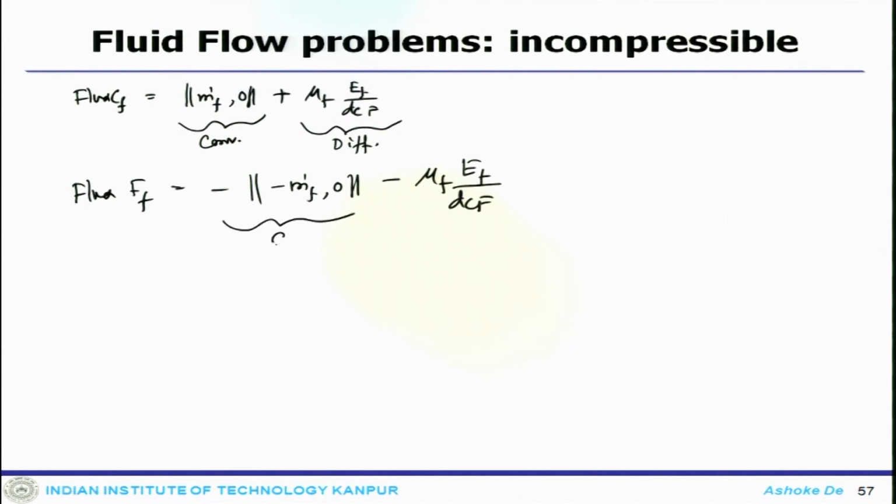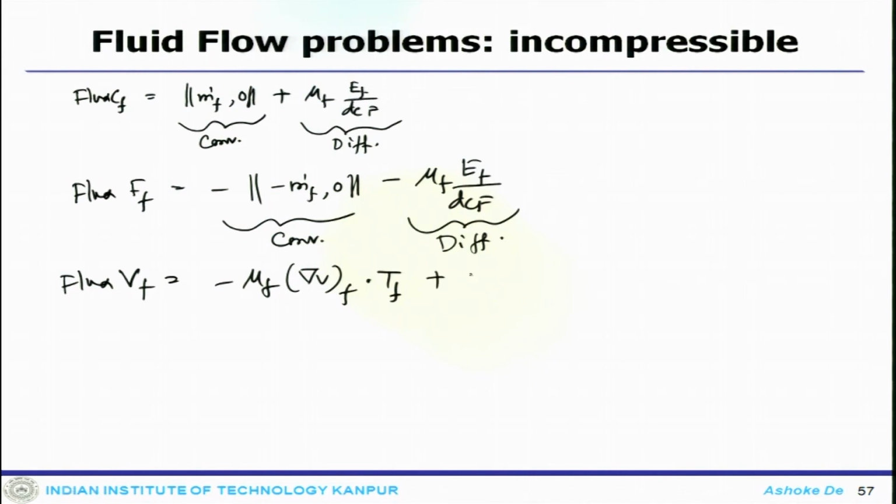This is again the convection contribution, and this is again the diffusion contribution, and flux Vf equals minus mu f del Vf dot Tf plus m dot f times Vf HR minus Vf upwind.